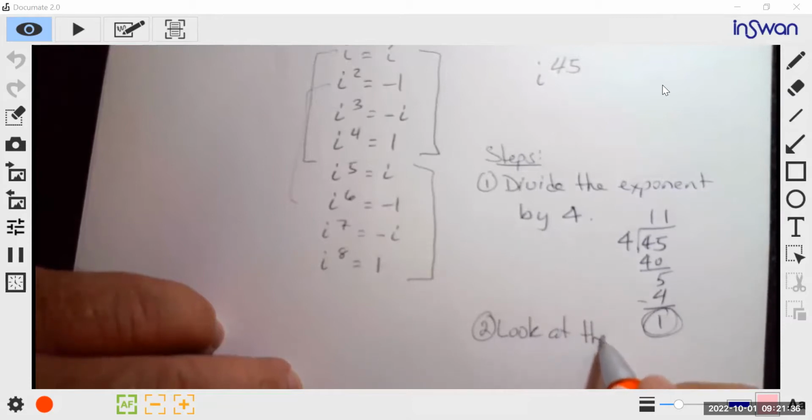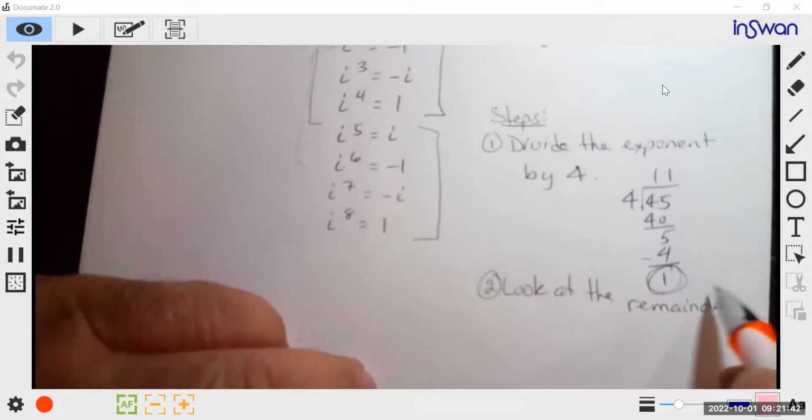Look at the remainder, that number there.